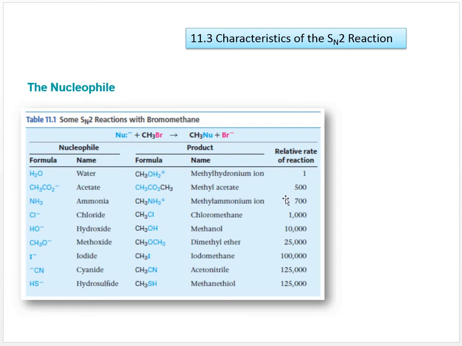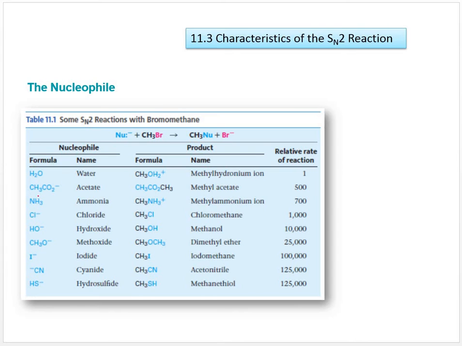Here we have a table, and this table summarizes the effect of nucleophile on SN2 reactions. We have a template, a generic reaction in which we have the same substrate, which is bromomethane, and we are changing the nucleophiles.